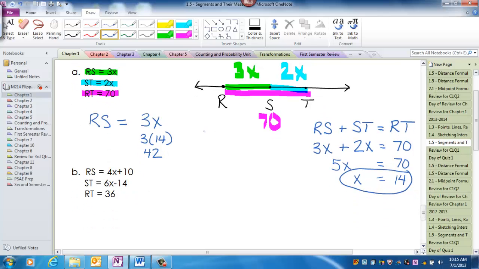And then ST equals 2x, which means 2 times 14, which means ST is 28 units long. Good job, guys.